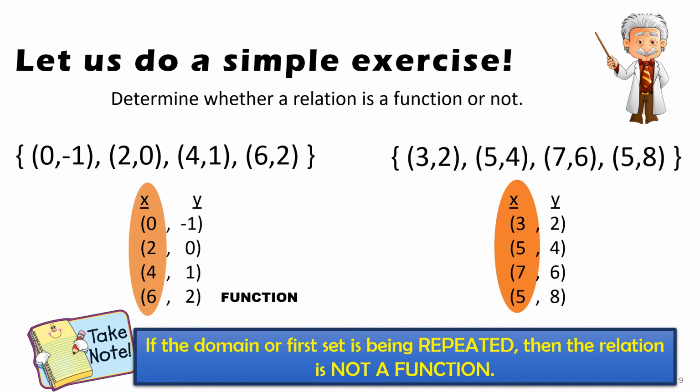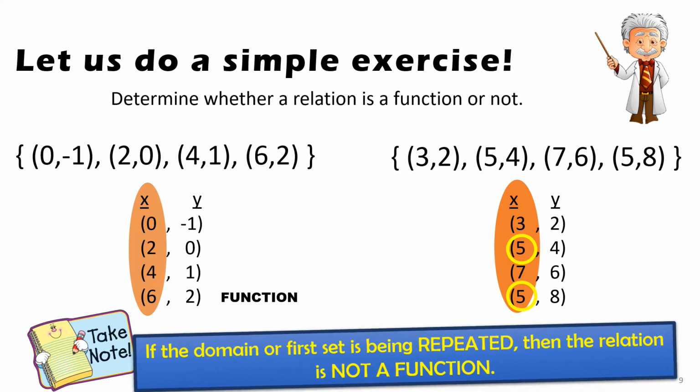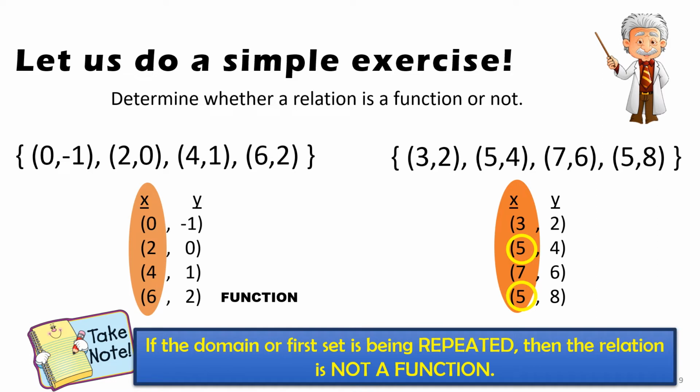Is there a repeated number? Correct, there is. So 5 is a repeated number in the x values. So again, in our reminder, if the domain is being repeated, then the relation is not a function.